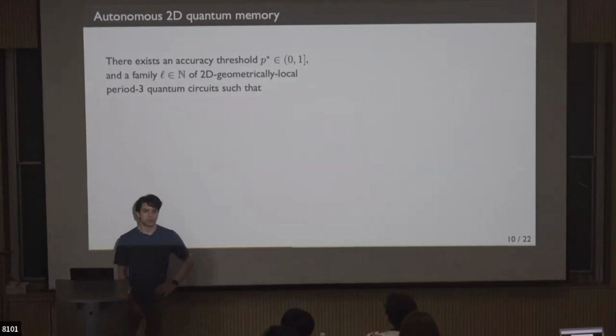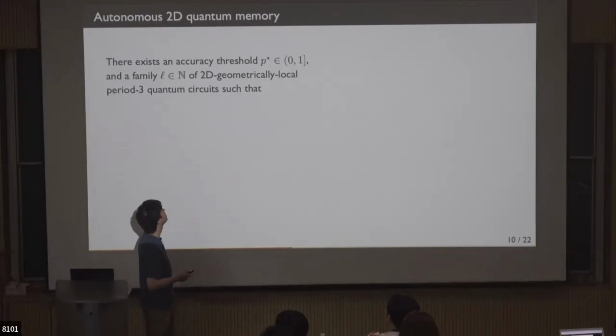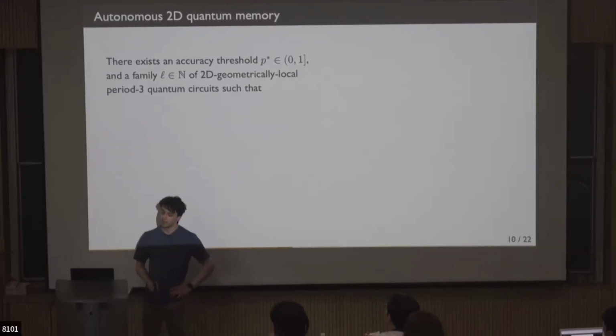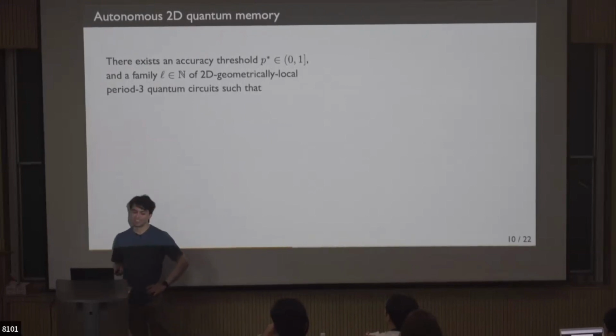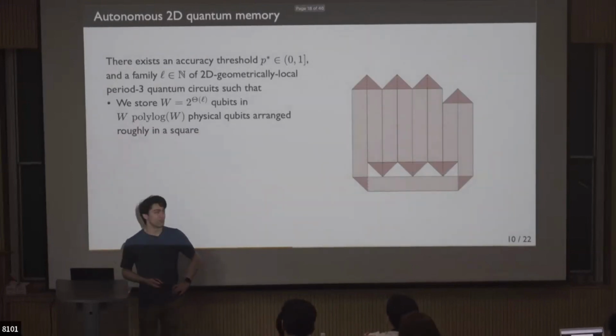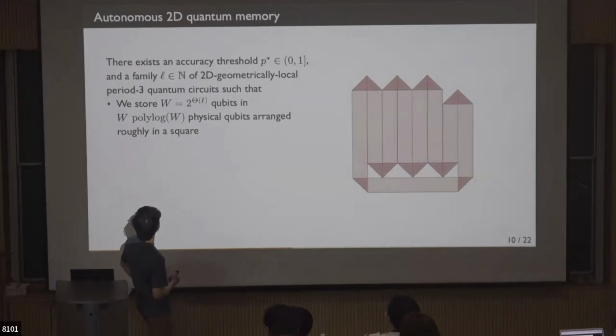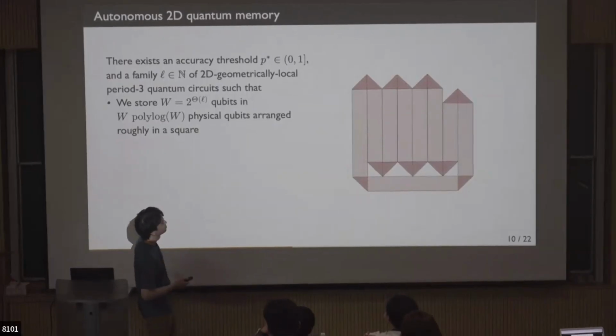Okay, so that's already enough to get us a 2D memory. This is the usual threshold theorem statement. There exists an accuracy threshold and a family. We store some logical qubits in some number of physical qubits. We arrange it roughly in a square by doing some space filling curve.